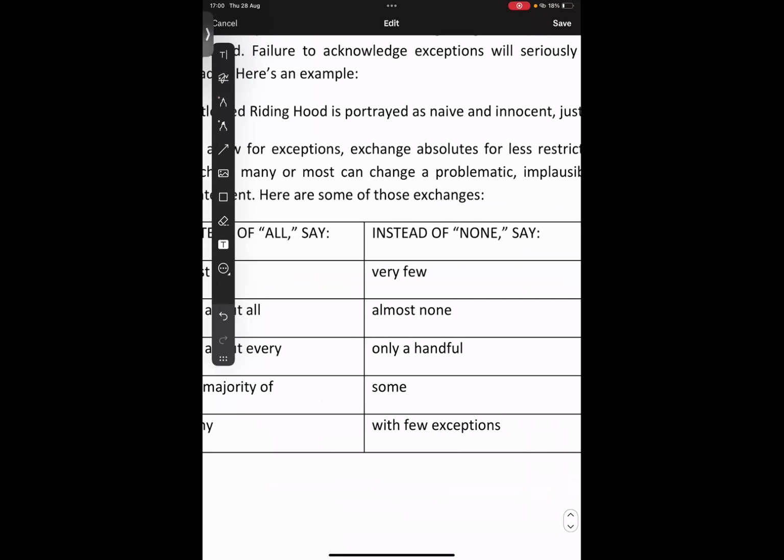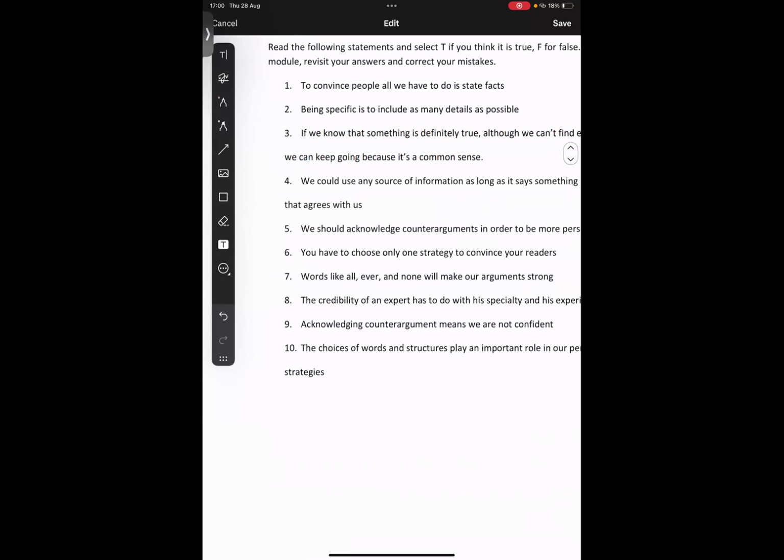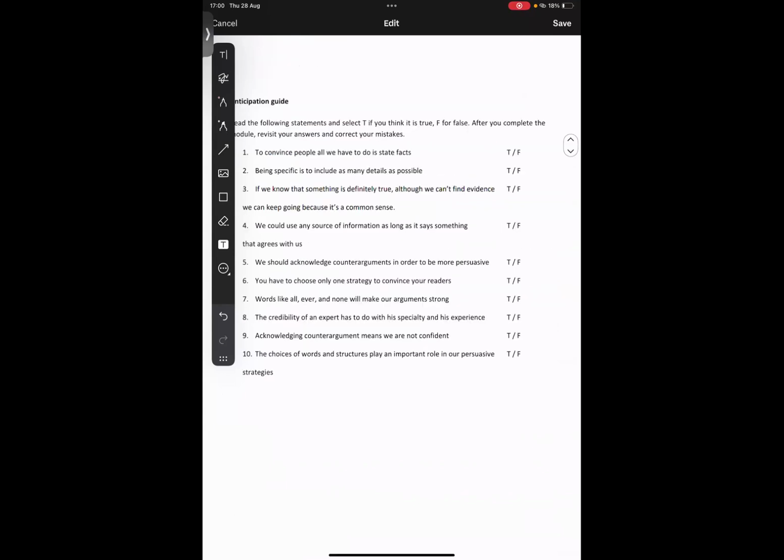Now, we're going to go back to the very beginning and review the answers because that's all the time we have. So, to convince people, all we have to do is state facts. Is that true? No, it's not true. Strategy also plays a key role here. Being specific is to include as many details as possible. Yes, right.